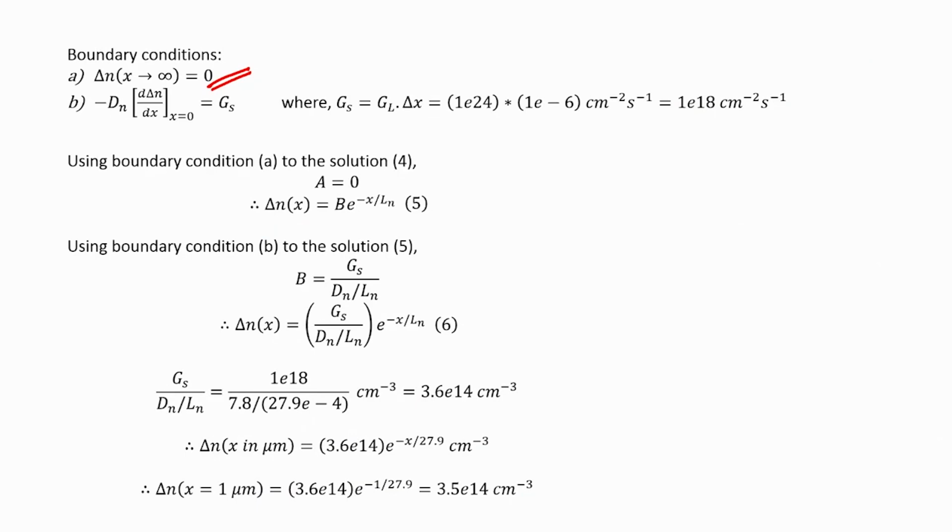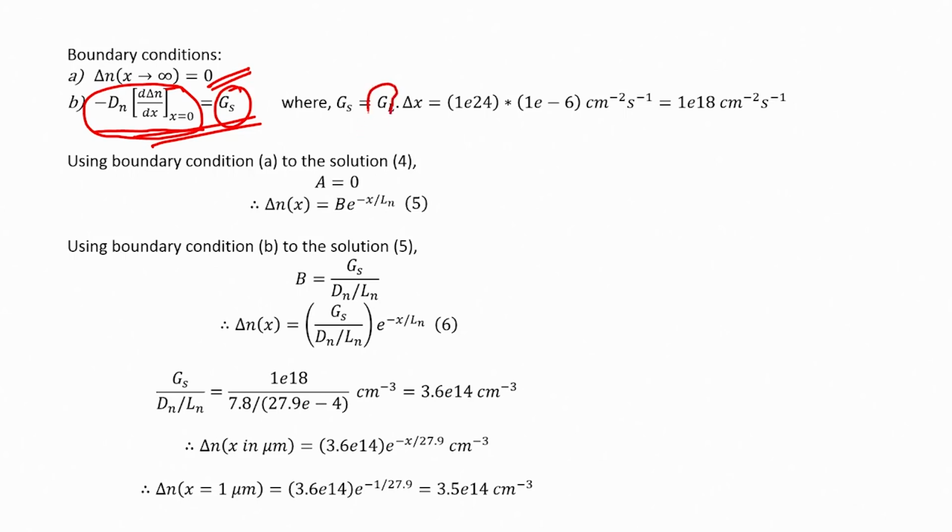It tells that minus Dn d del n dx at x equal to 0 is the rate at which the electrons diffuse away from the thin surface layer to the bulk, and this rate should be equal to the rate at which the electrons are getting generated at the thin interface layer. Gs is basically the generation rate, but this is the surface generation rate, not the volume generation rate.